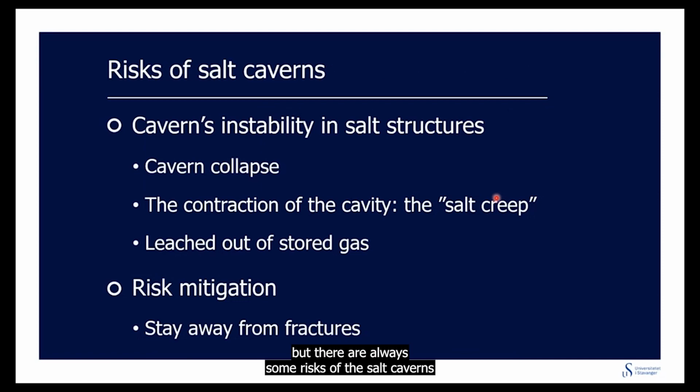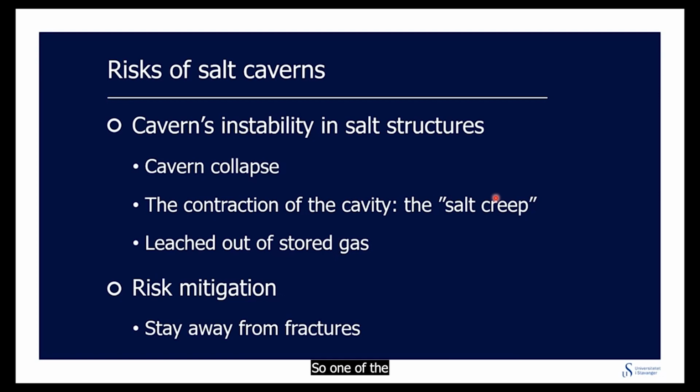But there are always some risks with salt caverns. They can be classified into two kinds. The first is the cavern's instability caused by cavern collapse and also the contraction of the cavity. And then there is the leak-out of the stored gas. So now, what we should do is mitigate the risk of salt cavern instability.